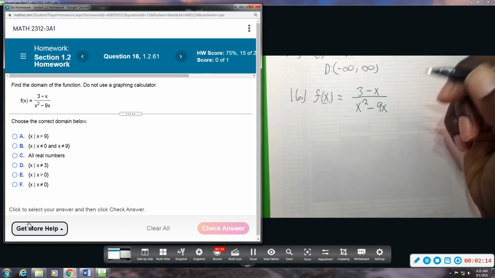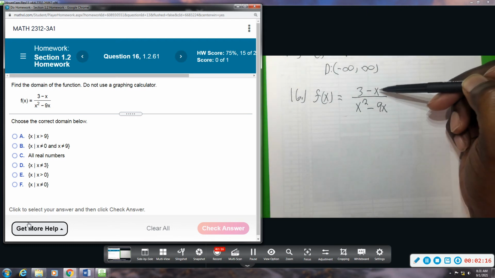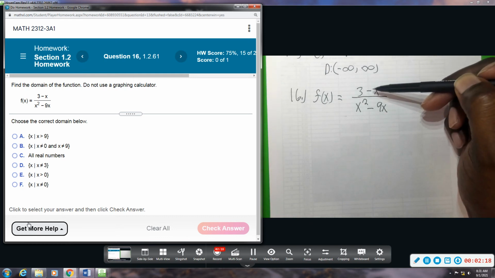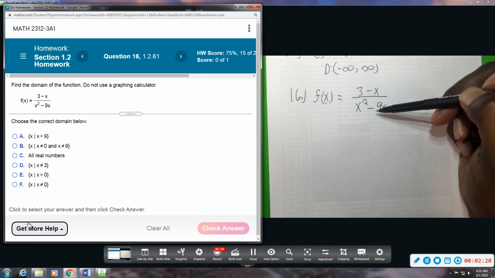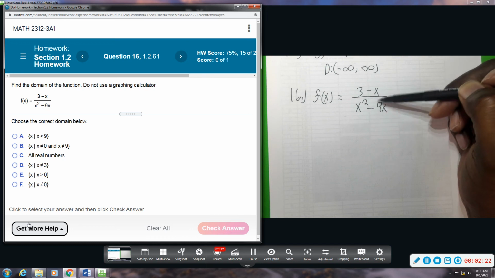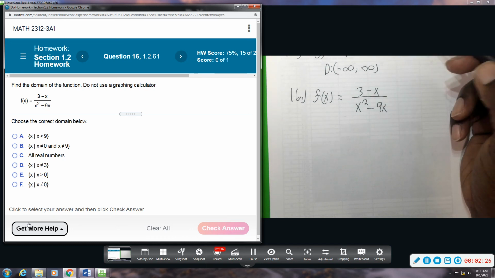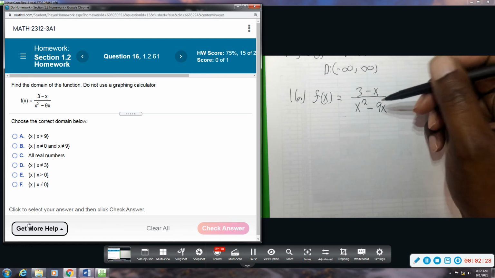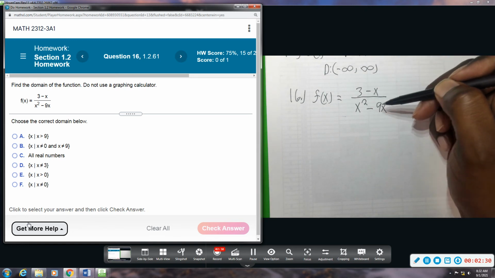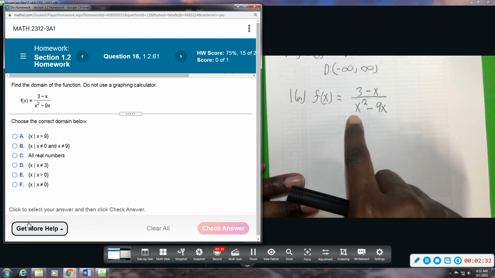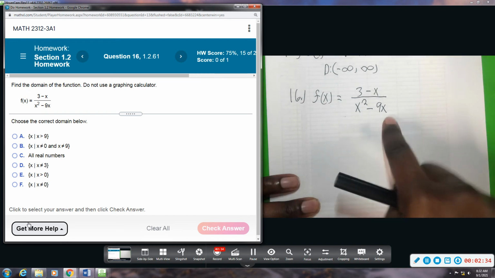Okay, later on, this numerator will play a part in determining domain, mainly when we start dealing with asymptotes and things of that nature. But for now, it doesn't change anything. Still, we have a fraction with a denominator in the bottom.